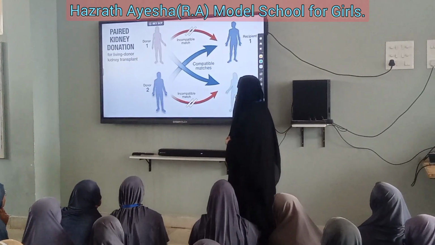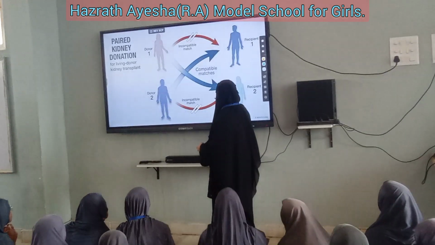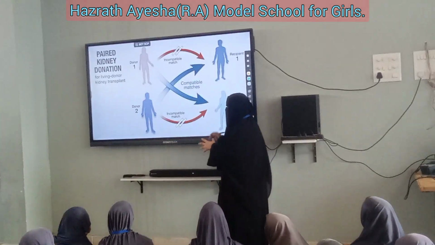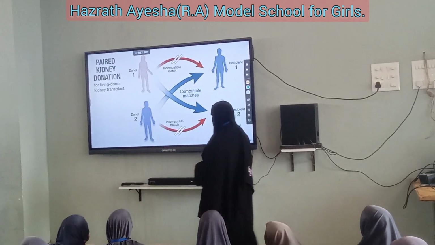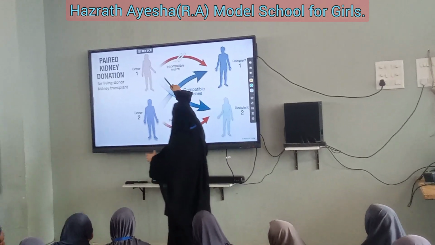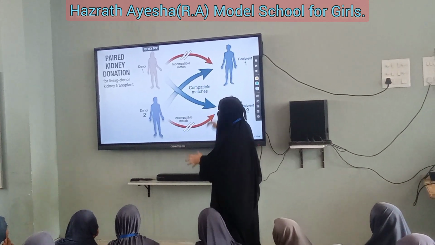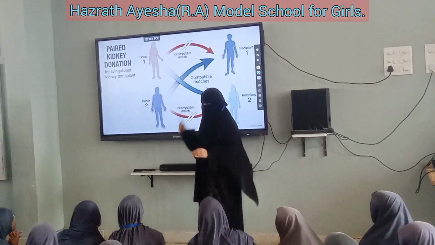Here in the slide, you can observe that the kidney of donor 1 is compatibly matched with recipient 2. So, the transplantation takes place between donor 1 and recipient 2. Like this, the kidney of donor 1 is an incompatible match to recipient 1. So there will be no transplantation between donor 1 and recipient 1.